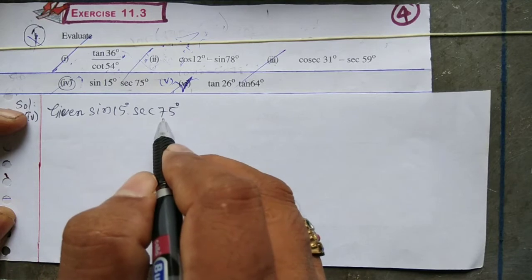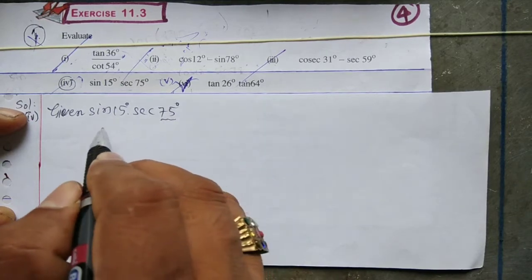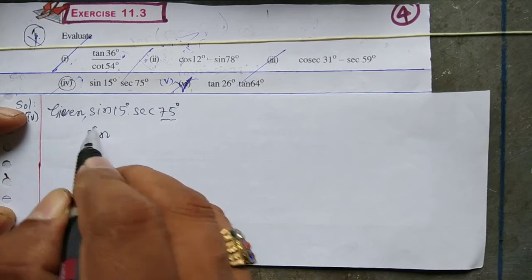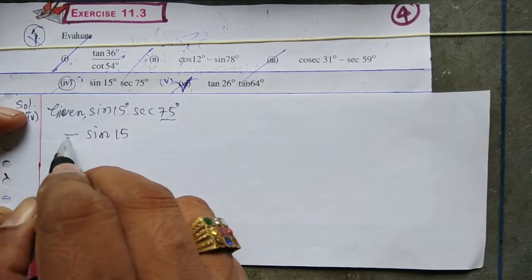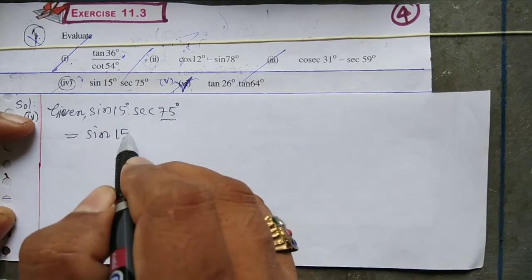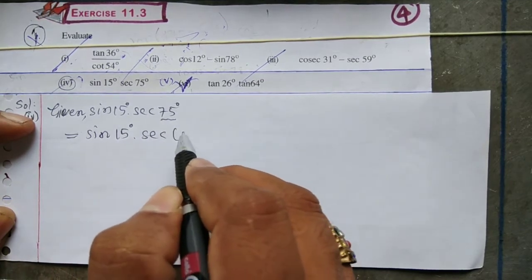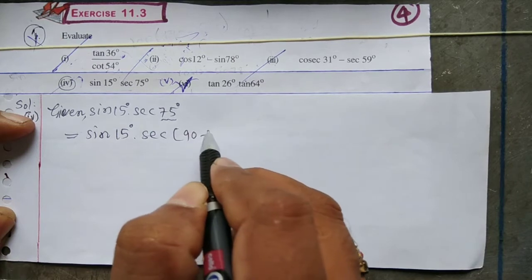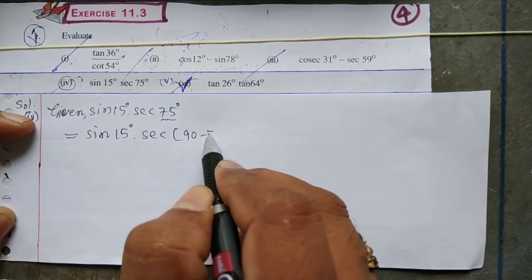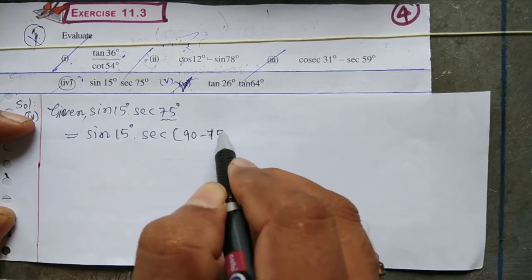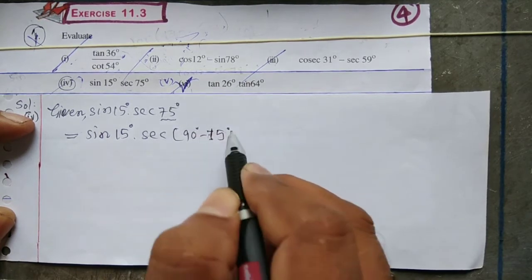First we have to change this 75 degree. Sin 15 degree, sec of 90 minus 15 degree.